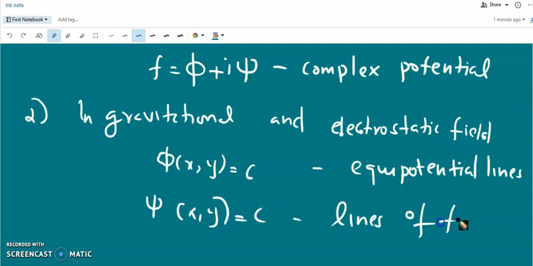Okay, lines of force are imaginary. In a gravitational field it is similar: phi equal to constant is the equipotential lines, and psi equal to constant is the lines of force.